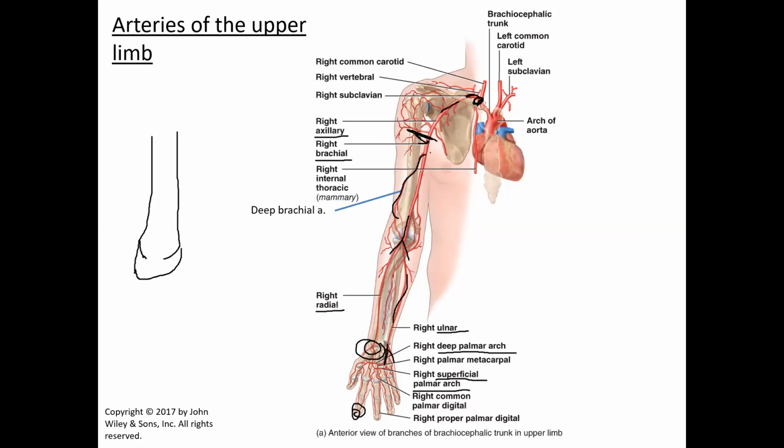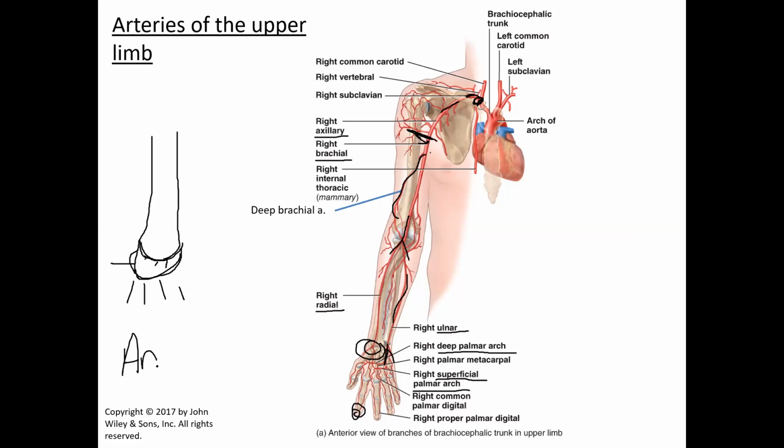What happens is these join together, and then they give little branches that go to all the fingers. These are your two arches: the superficial palmar arch and the deep palmar arch. This is what's called an anastomosis.